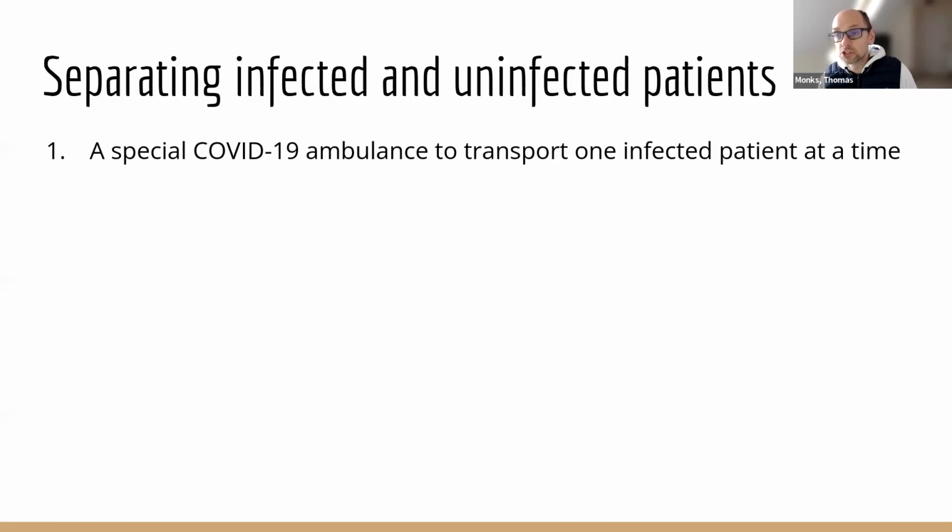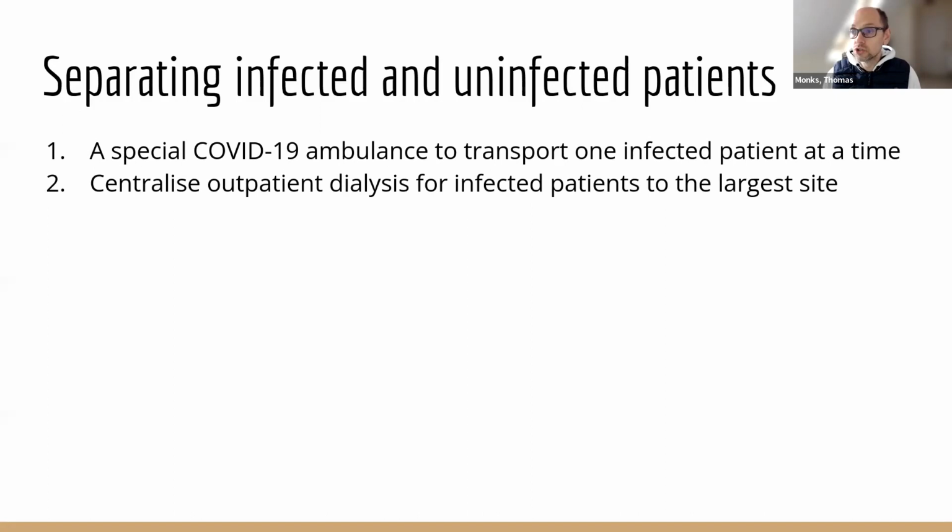So one option they were discussing was a COVID-19 ambulance, a special ambulance that would transport one infected patient at a time. And there were serious questions around how feasible it was to do that with the size of their population.